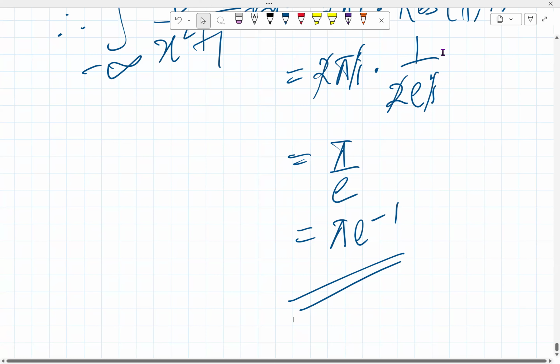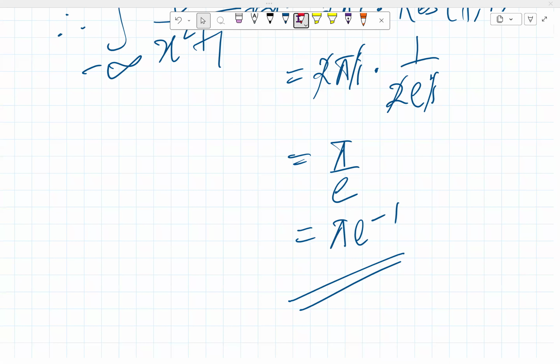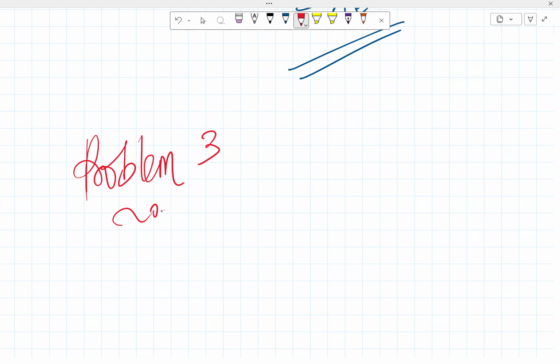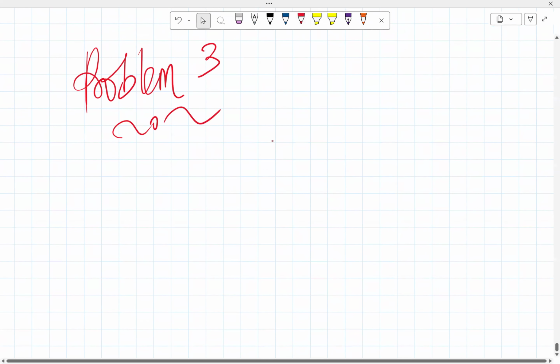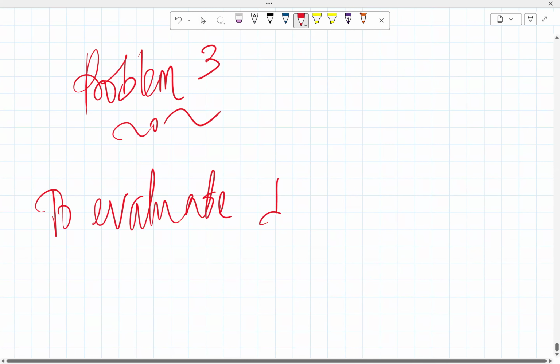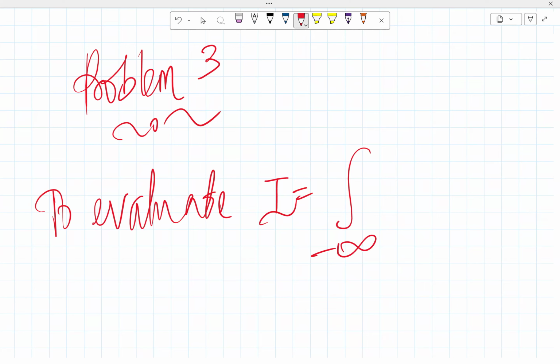Okay, let's go for problem 3, first of all. We want to evaluate I, which is the integral from minus infinity to infinity of x squared all over x raised to the power 4 plus 1 dx.